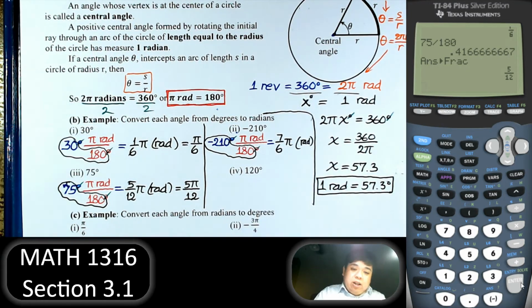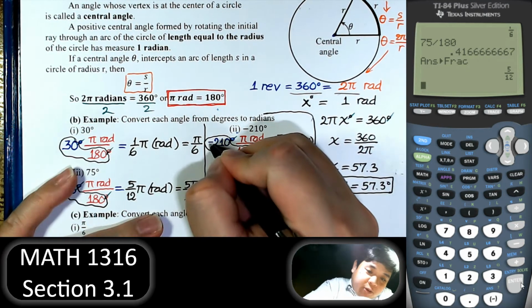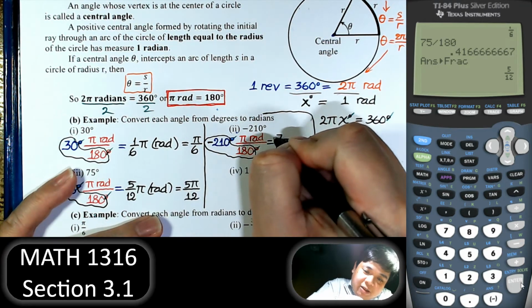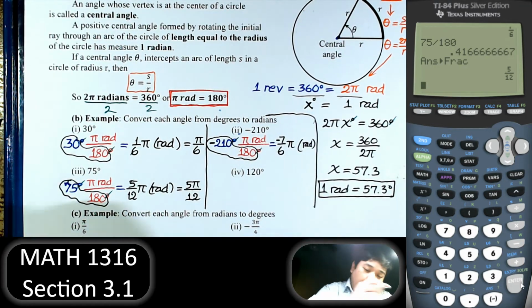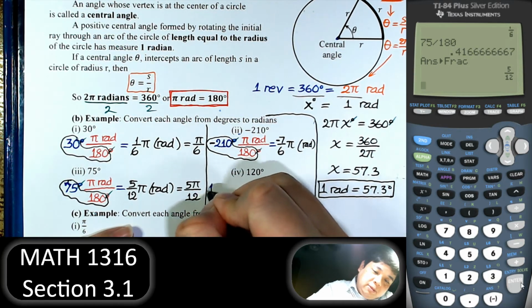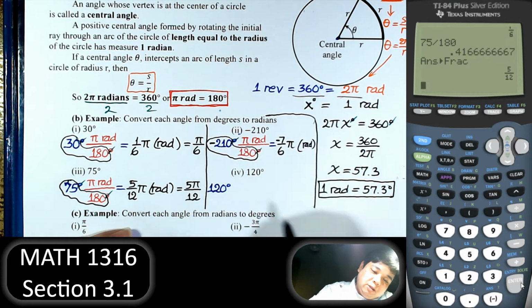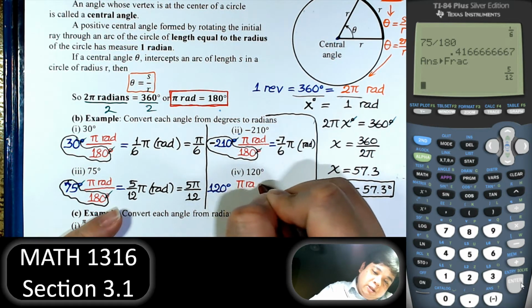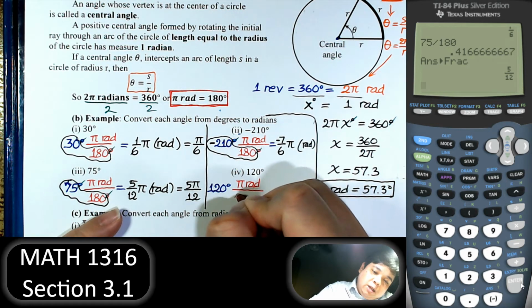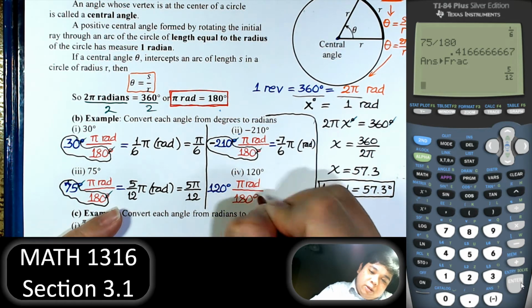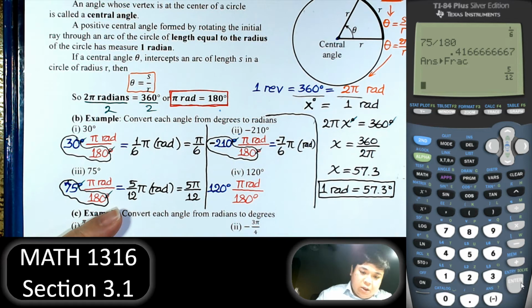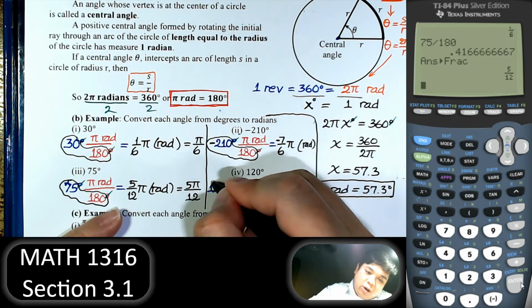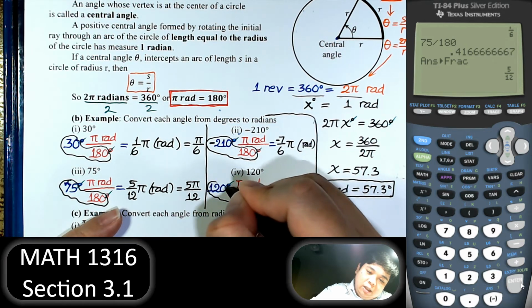And then 120 degrees. By the way, don't forget there's a negative here. Now 120 degrees. We have pi radian on the top and 180 degrees at the bottom. Degrees cancel out. 120 over 180.